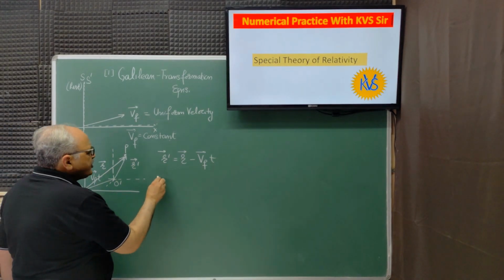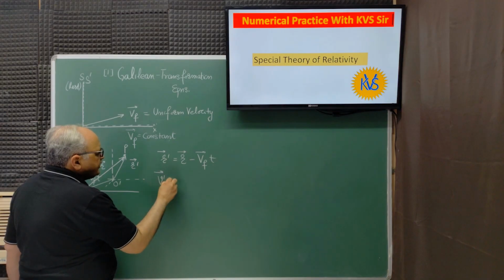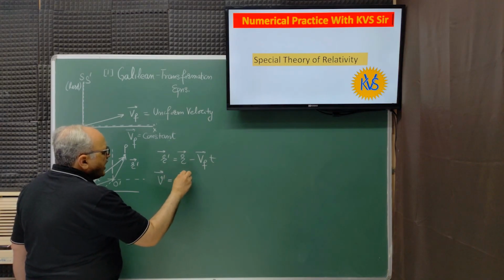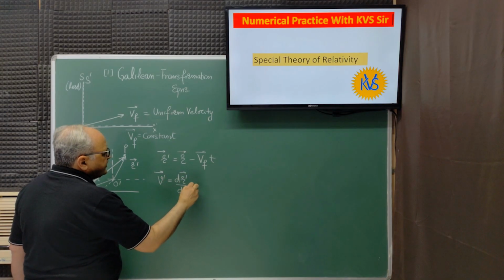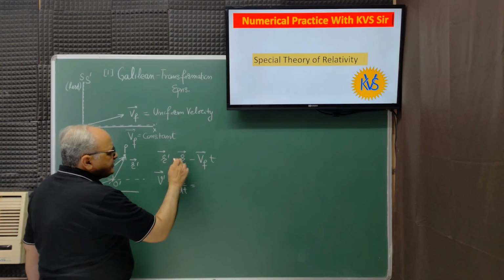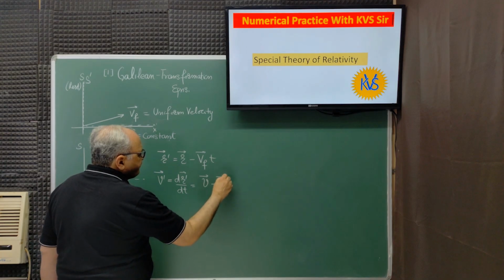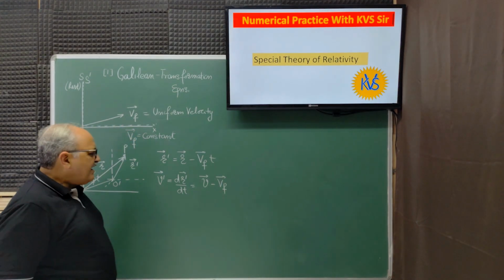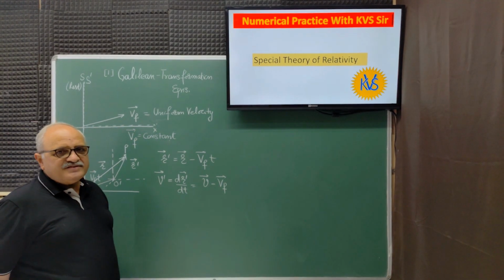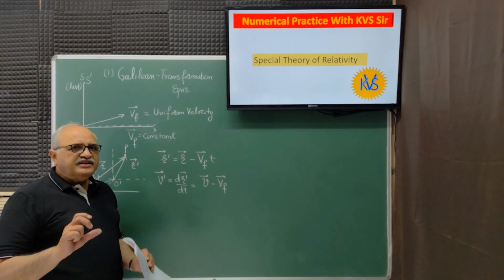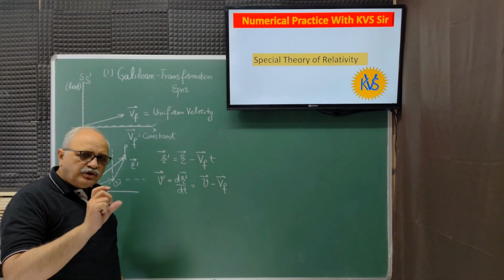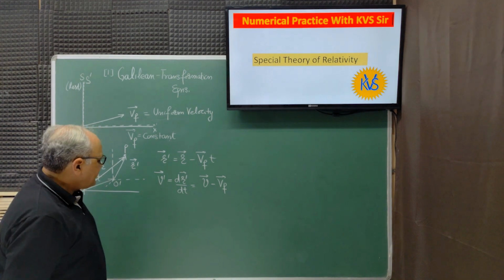If I differentiate to get the velocity, that is dR dash over dt, we are going to get the velocity V minus the velocity Vf. In this case, I have not taken t dash. Notice this point. It means we are taking the time interval to be the same, both in the S frame as well as in the S dash frame.